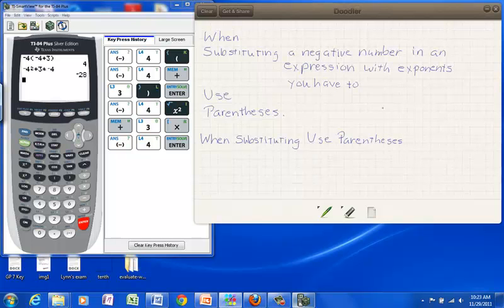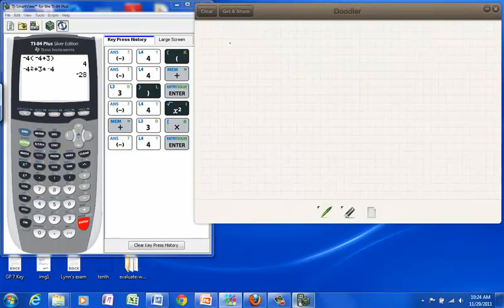That's still a fairly long statement, so it could even be shortened to just when substituting, use parentheses, what's up? So every now and then when a student gets a piece of paper back and it says what's up, what that means is they forgot to use parentheses. So I'm going to go back to our example.